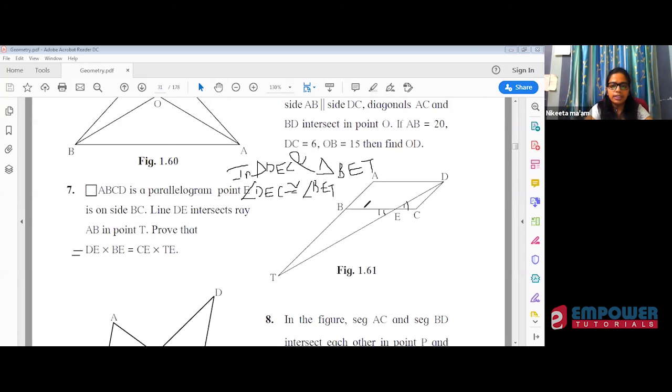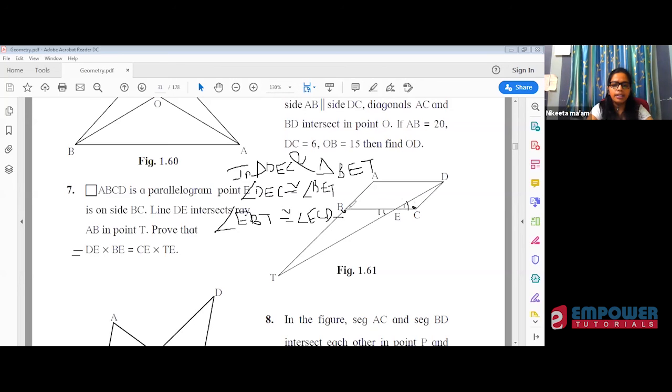So if we consider BC as our transversal, then don't you feel these two angles, angle C and angle E, will be congruent. So these will be your alternate interior angles. So angle EBT is congruent to angle ECD.